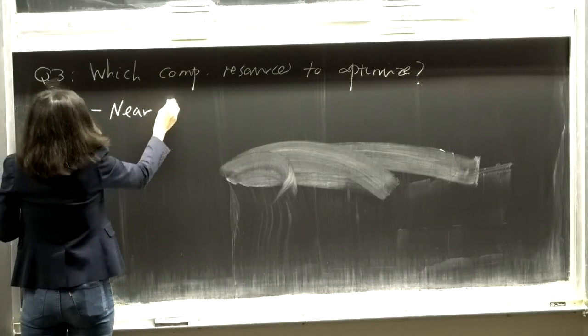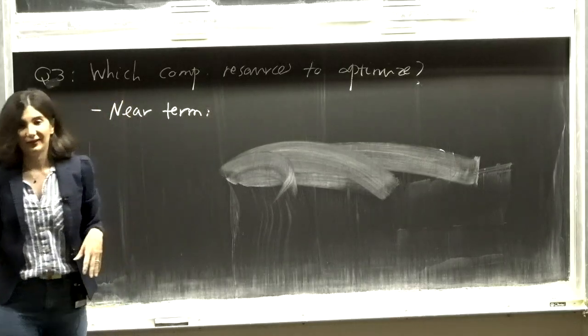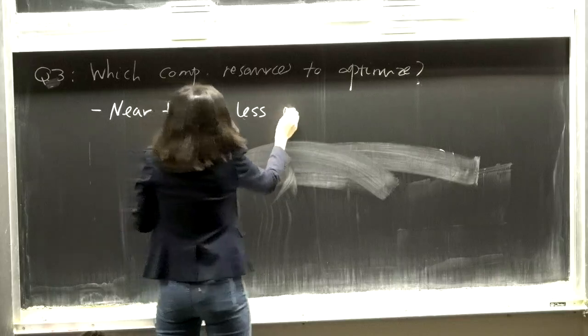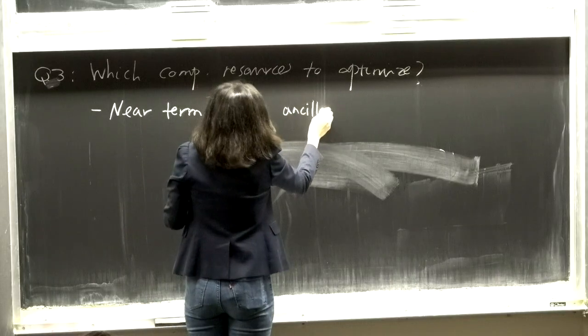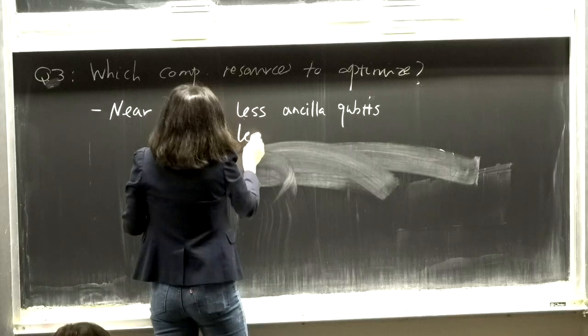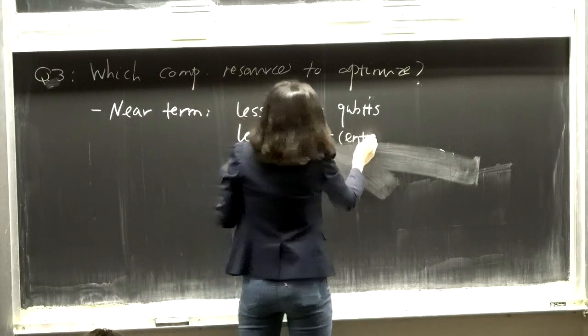If you're in the near-term era of quantum computing, which is right now, then it turned out that you need to use fewer ancilla qubits and fewer CNOT or any two-qubit entangling gates.